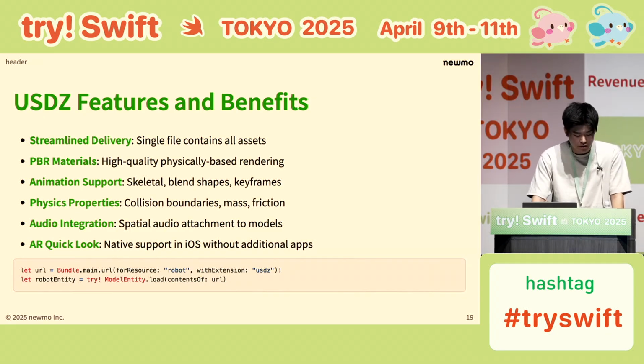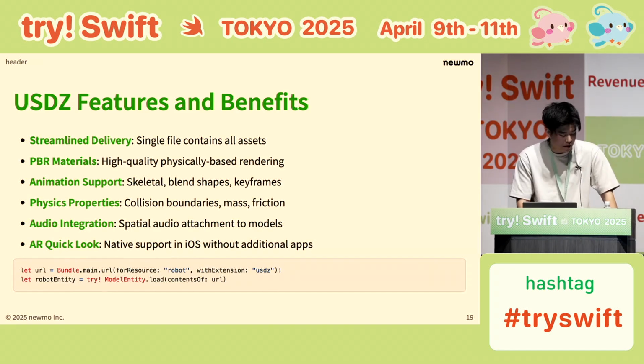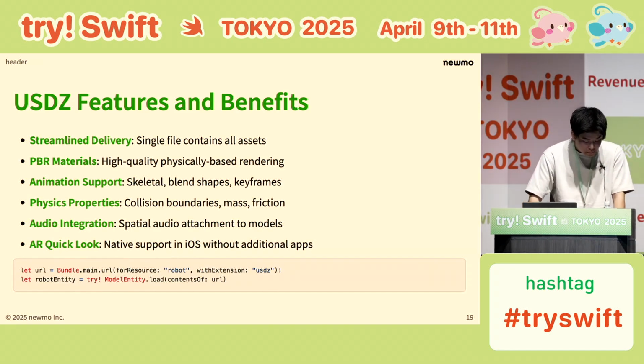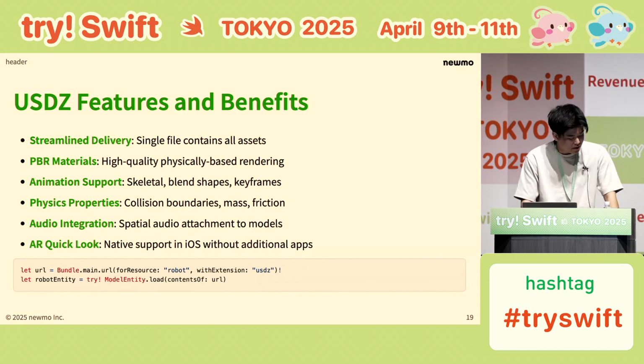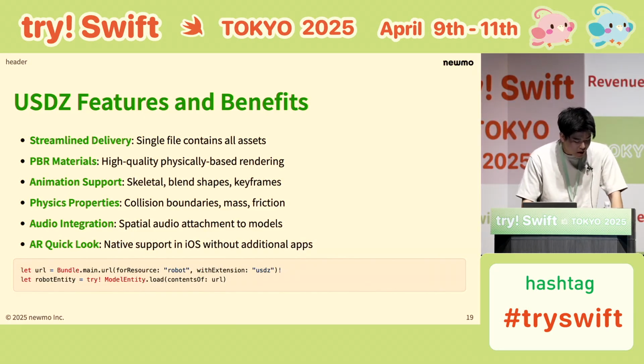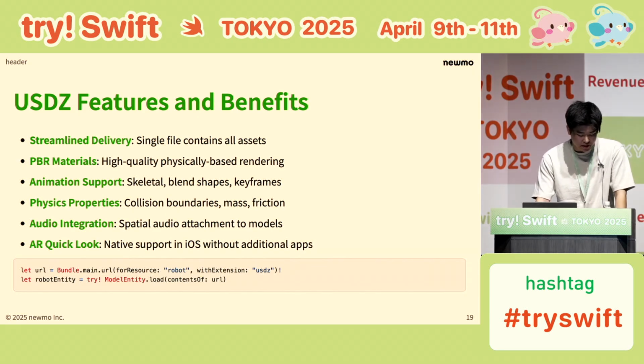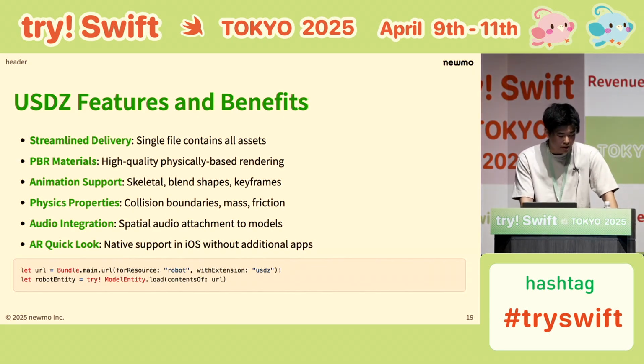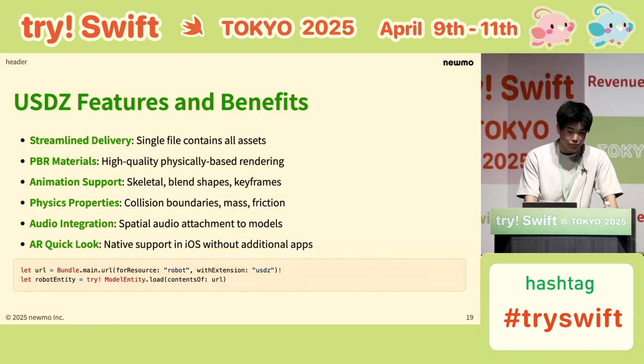Physics, like how things bump and how heavy they are. Adding sounds, putting sound in a 3D scene. Also, USDZ has a built-in AR view on iOS and iPadOS, letting people see models in AR in Safari or Messages without a special app. The code again shows it's easy to load a USDZ file with RealityKit.